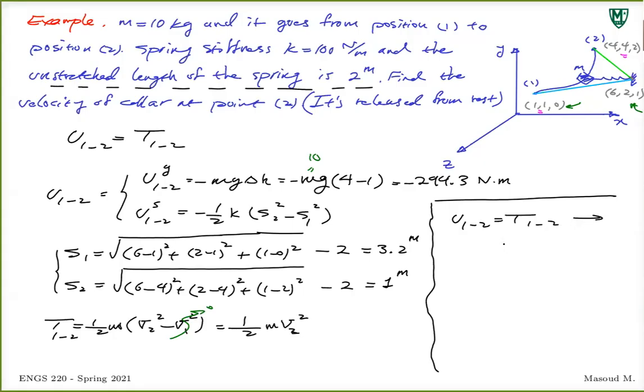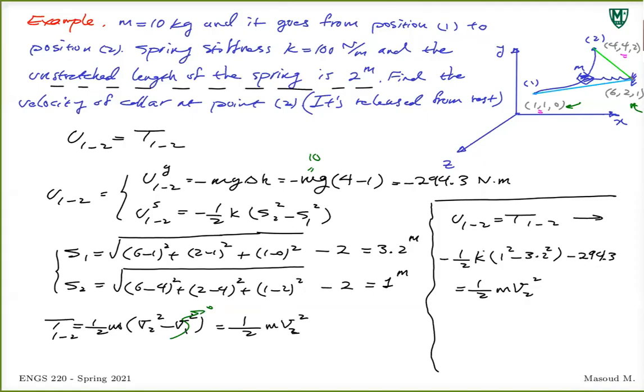So you have minus 1/2 k (S2 is 1 squared minus S1 is 3.2 squared), and that one would be minus 294.3, equal to 1 over 2 m v2 squared.